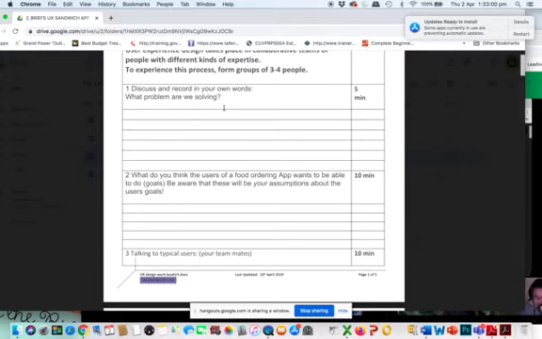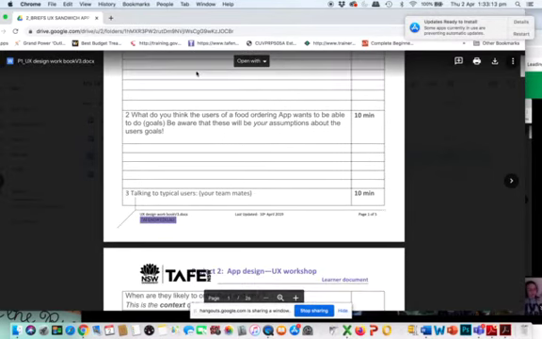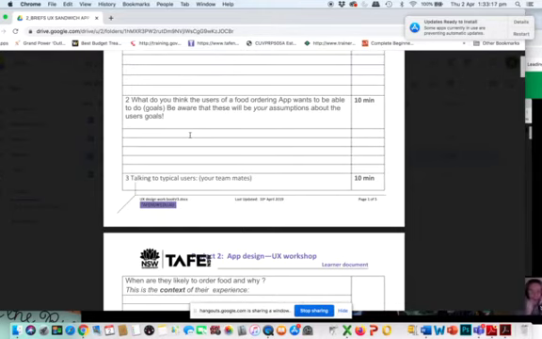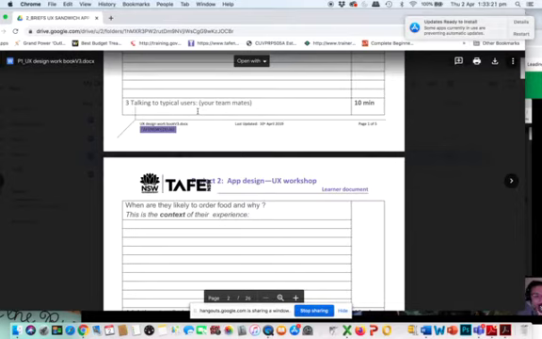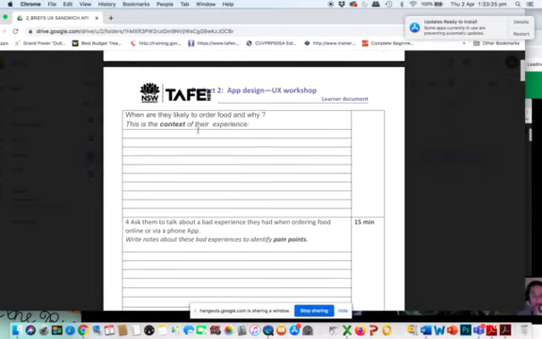Is it just for vegans? They would have a very different set of problems. You've got to do a bit of defining here to tell us what it is that you're actually making. Who's it for? What are the goals of your typical customers? Then you need to turn around to your teammates and start interviewing them. This is where we ask about more generic things to try and look at motives of people generally.